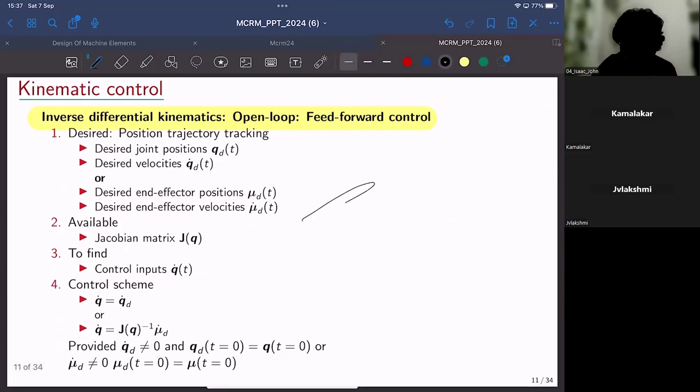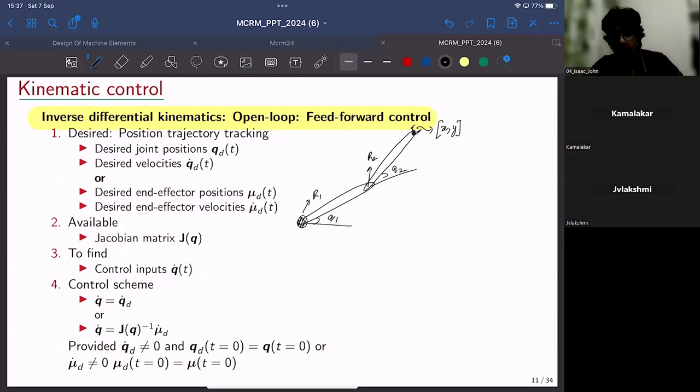So for example, from the point of view of a 2R robot, this is the first joint, R1, this is the second joint, R2. I call this the end effector. The coordinates of this end effector can be named X and Y, and the joint variables can be named Q1 and Q2. So the control inputs in this case would be the joint velocities, Q1 dot and Q2 dot.